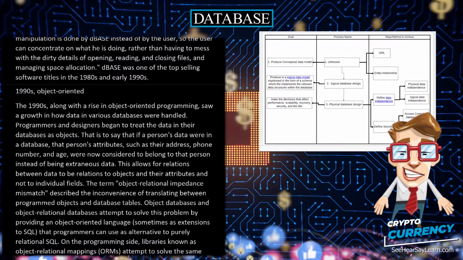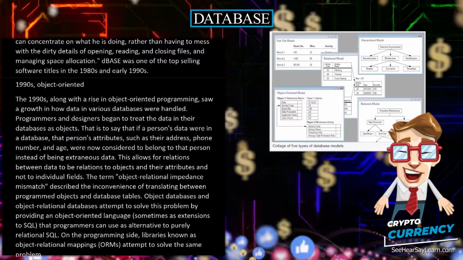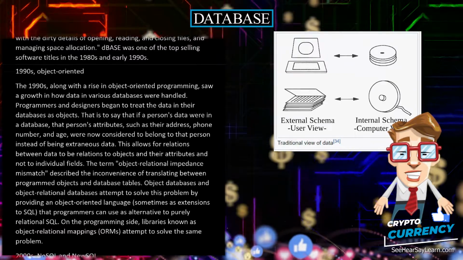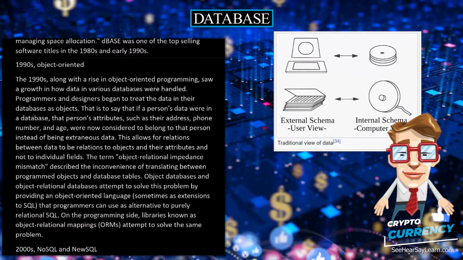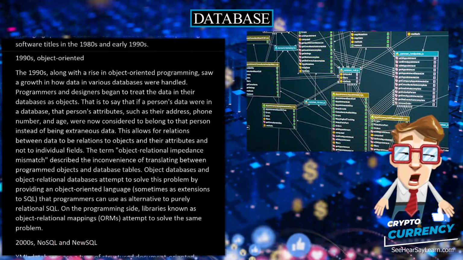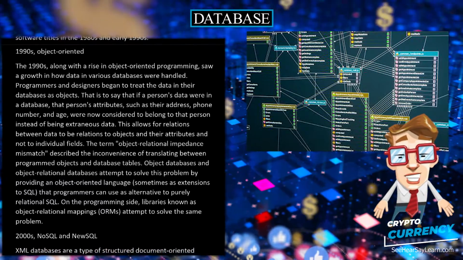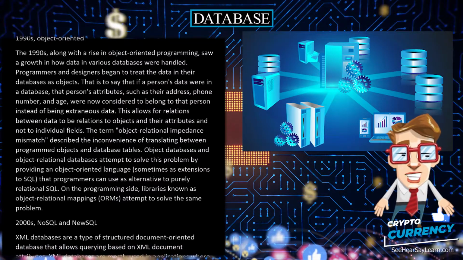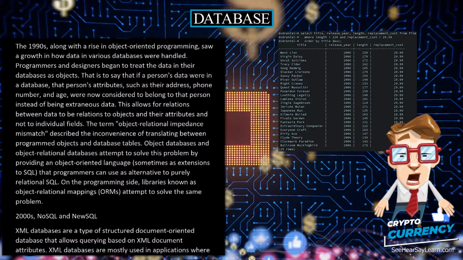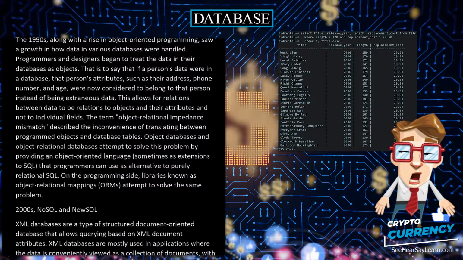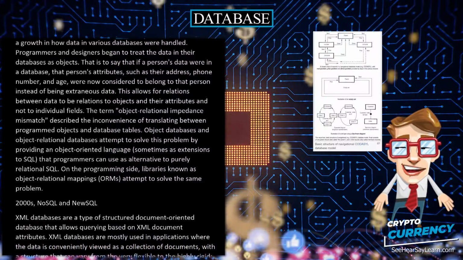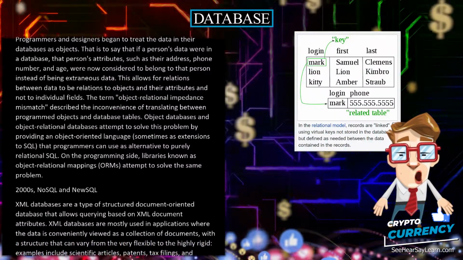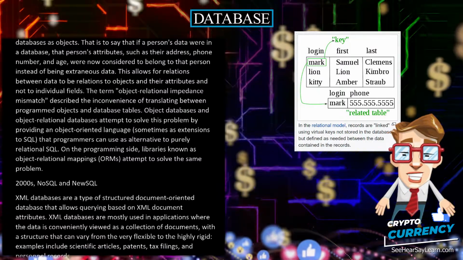1990s, object-oriented. The 1990s, along with a rise in object-oriented programming, saw a growth in how data in various databases were handled. Programmers and designers began to treat the data in their databases as objects. That is to say that if a person's data were in a database, that person's attributes, such as their address, phone number, and age, were now considered to belong to that person instead of being extraneous data. This allows for relations between data to be relations to objects and their attributes and not to individual fields.